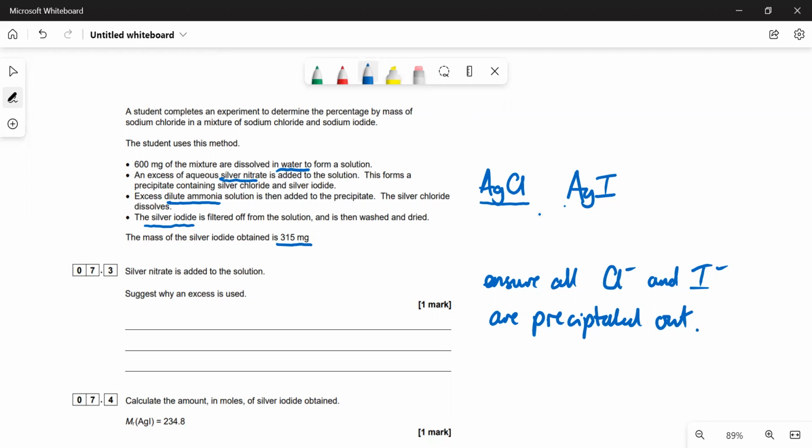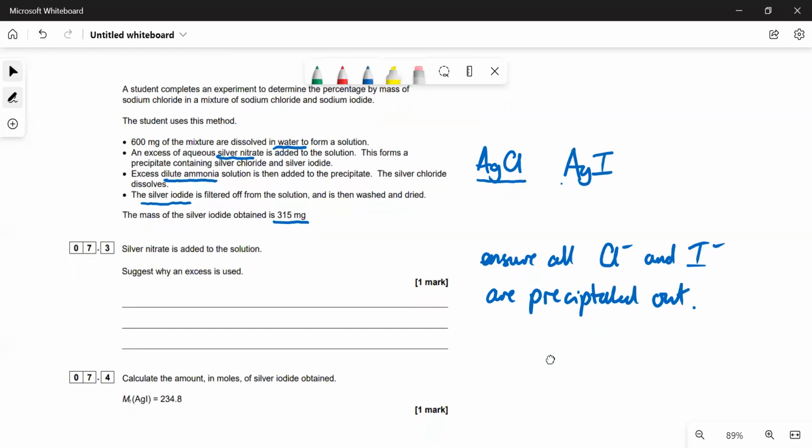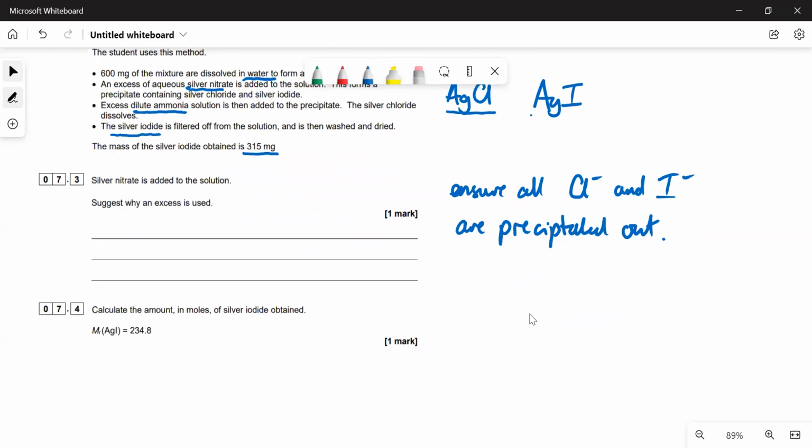Right. Now, calculate the moles of silver iodide obtained. So that's pretty straightforward. The moles of silver iodide is simply mass over Mr. And they've given us the mass in milligrams here, and they always have one of these. What's that in grams? It's 0.315 grams, divided by 1,000.